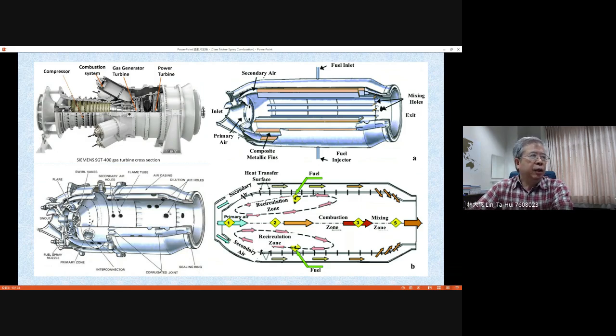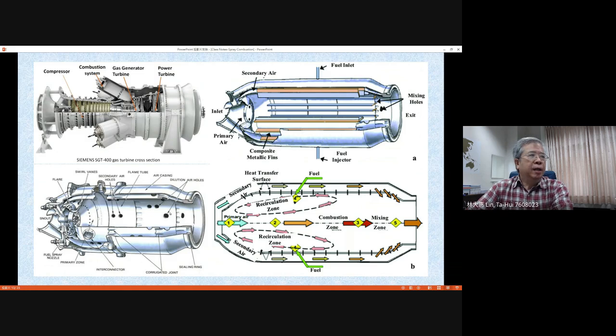Here, I tell you, this is a basic structure. These two figures are very similar, and this figure tells the supply of fuel actually coming from the beginning. Here there is a fuel spray nozzle, but in the upper one the fuel is supplied from the periphery and maybe at the center portion of the combustor.